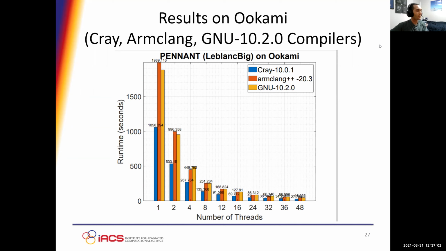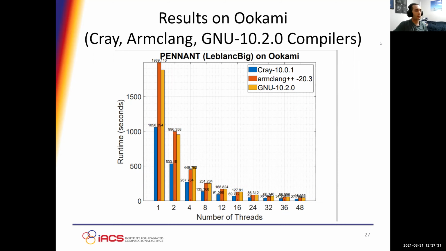The GNU compiler, for the most part, has a slight edge over the ARM Clang compiler, except for one section at two OpenMP threads. Because they're so close, it could be argued that the runtimes between these two may swap spots in some cases. But for the most part, Cray performs almost twice as fast as GNU and ARM Clang.